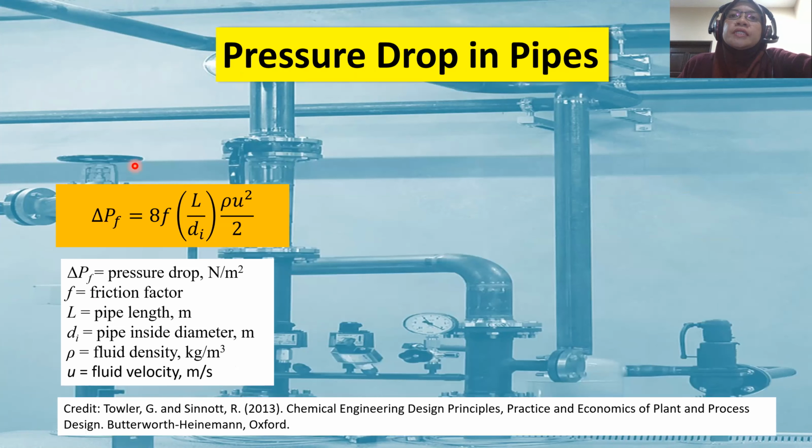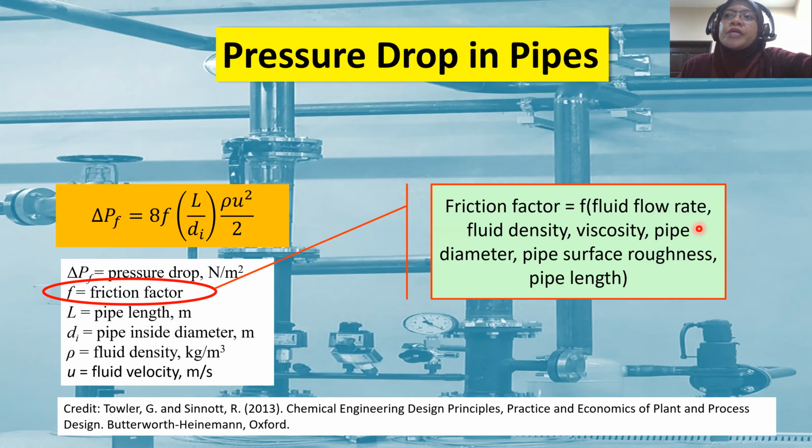This equation can also be used to calculate pressure drop, but basically it calculates the pressure drop due to friction. The friction factor inside this equation is a function of fluid flow rate, fluid density, viscosity, pipe diameter, pipe surface roughness, and pipe length.